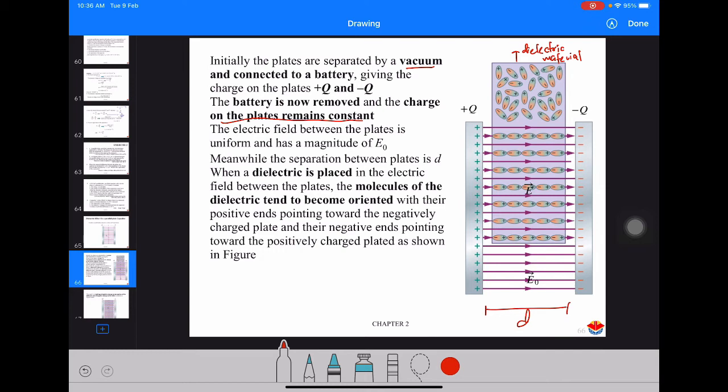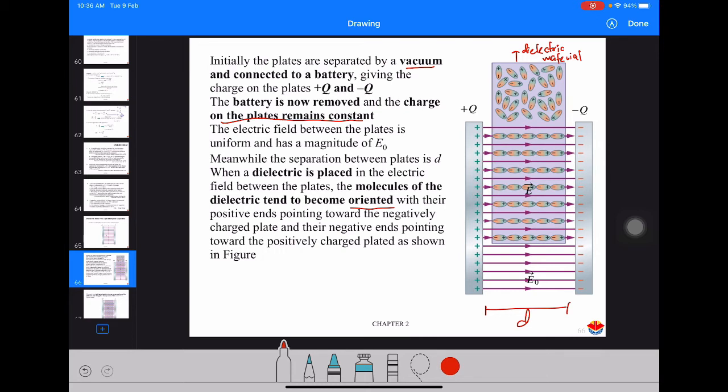Remember that this is not a conductor, it is an insulator, so the molecules inside wouldn't be moving around, but they will try to rearrange themselves, or become oriented. That means one polarity to one side and the other polarity to the other side, with their positive ends pointing towards the negative.